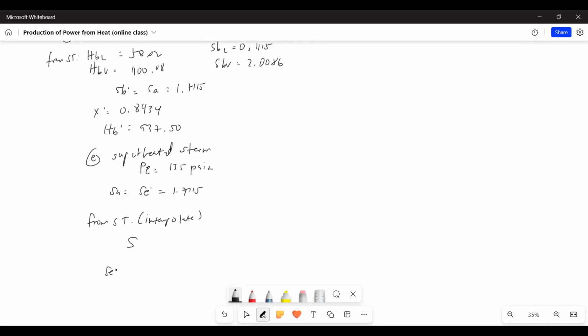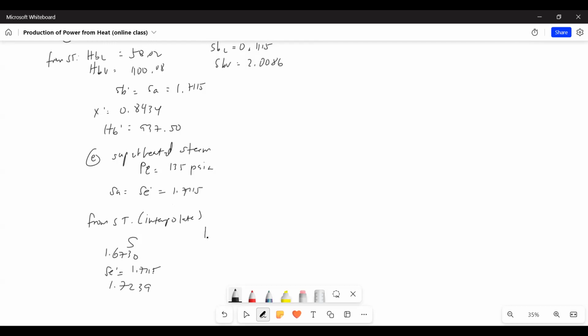So here we have SE prime, hanapin, find in the steam table under the pressure 135 psia. You will get two, in between of these two S or two entropy. Kasi we just know one property eh. Diba? So we don't know, it's superheated, so we don't know the temperature. So we use SE prime. Okay, so SE prime is 1.7115.